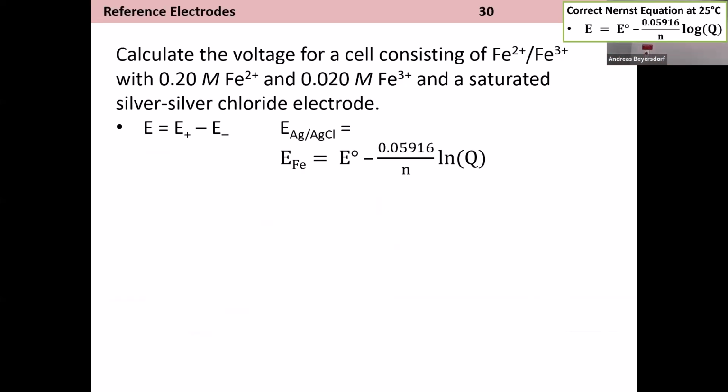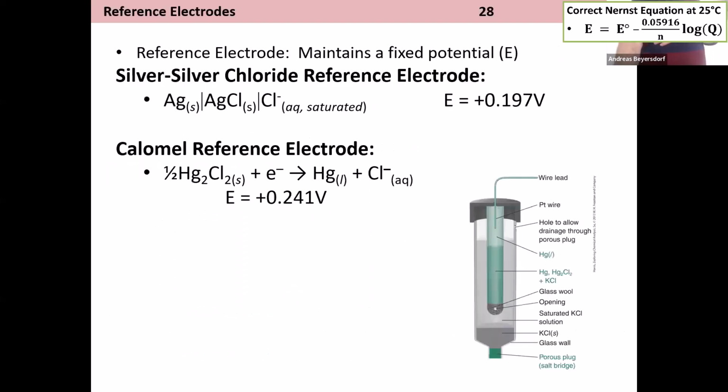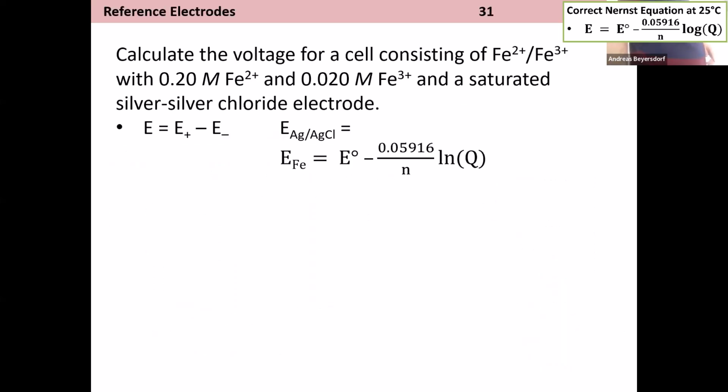All right. So we need to find E plus and E minus. For the iron, we can use the Nernst equation. But because we're using a standard electrode, that standard electrode is going to have a constant cell potential of 0.197.